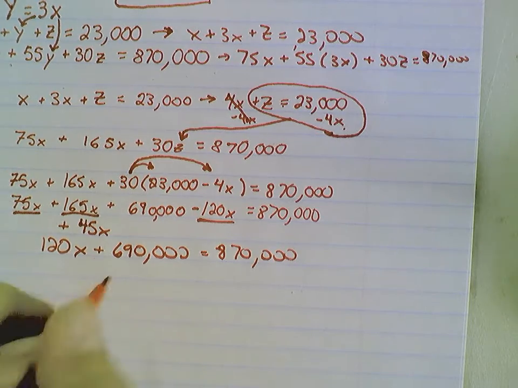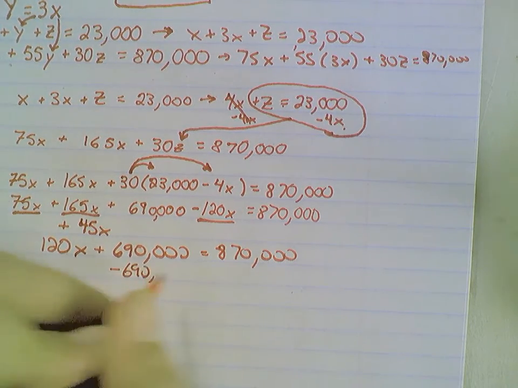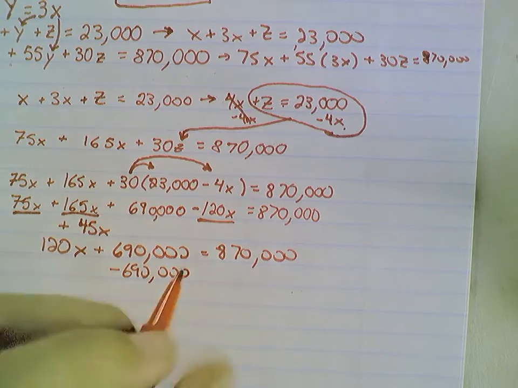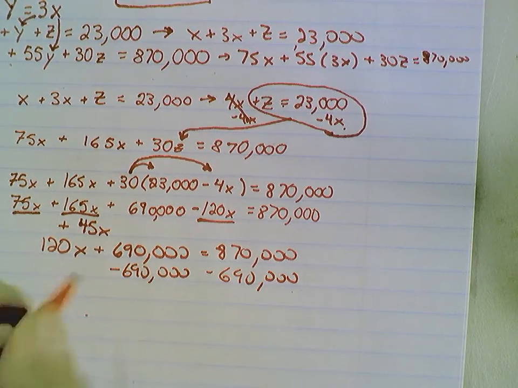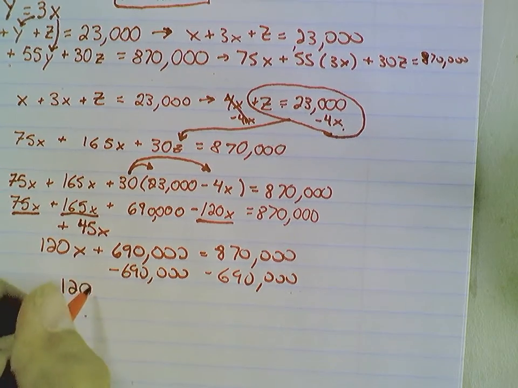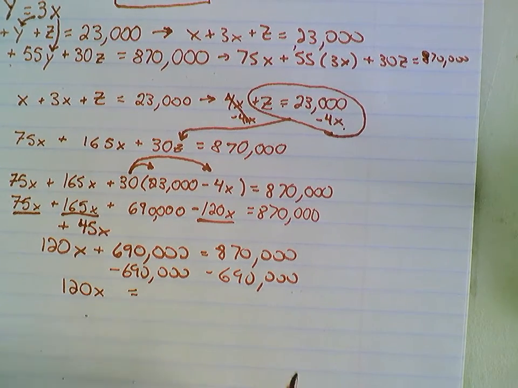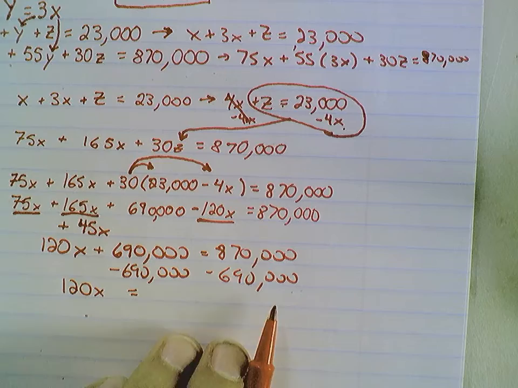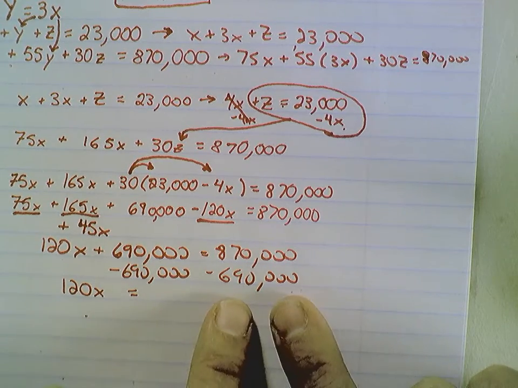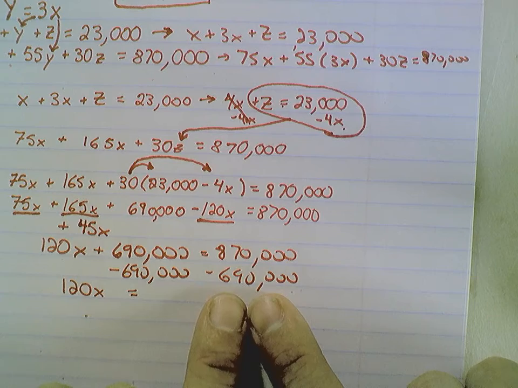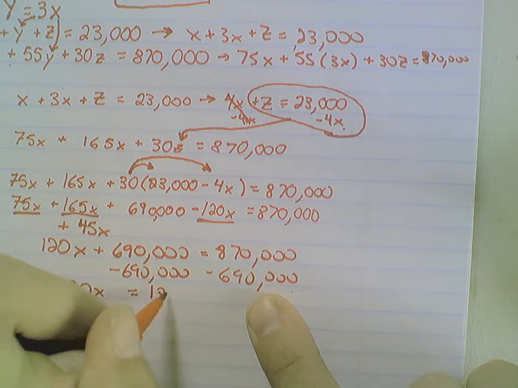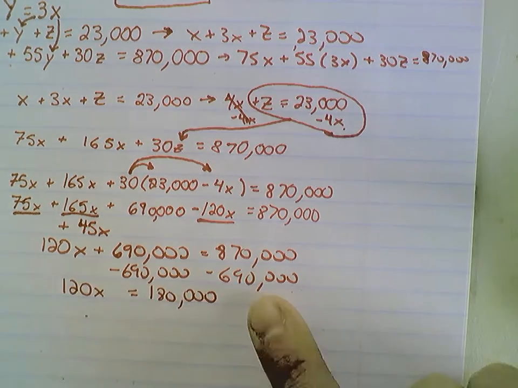At this point, I can subtract the 690,000 from both sides. Notice that'll leave me with 120x on the left side, and on the right side, if I subtract these two numbers from one another, I think I will get 180,000.